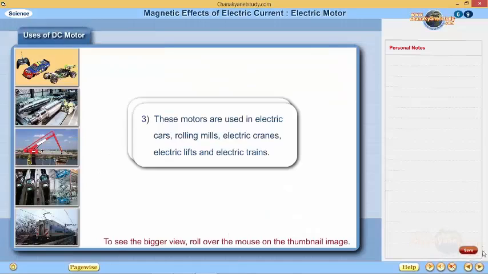These motors are used in electric cars, rolling mills, electric cranes, electric lifts, and electric trains.